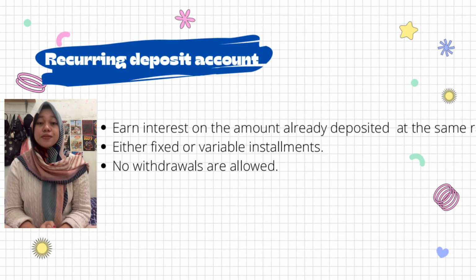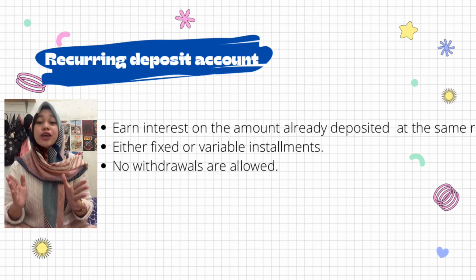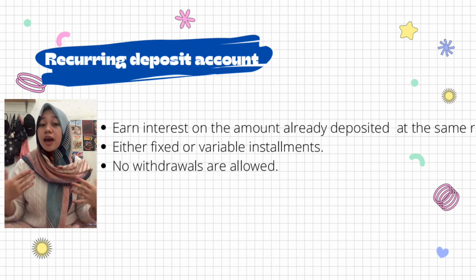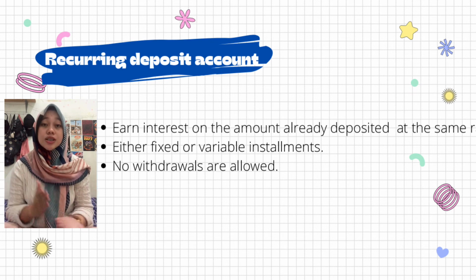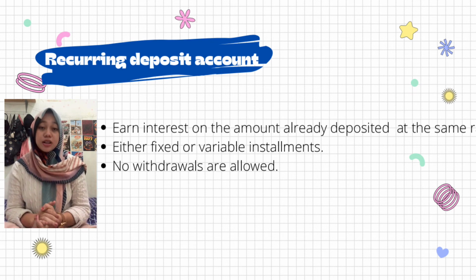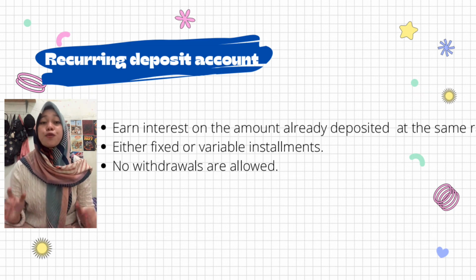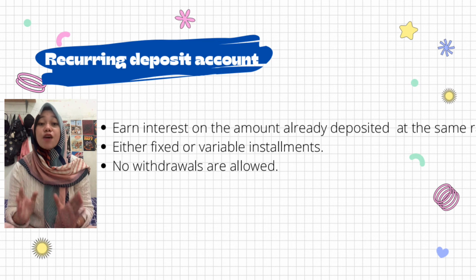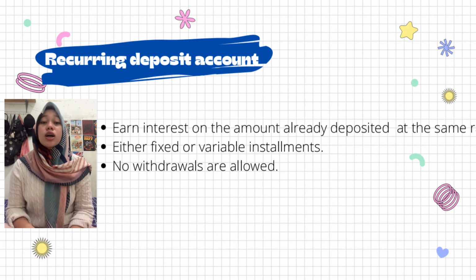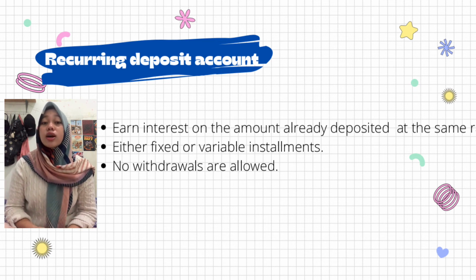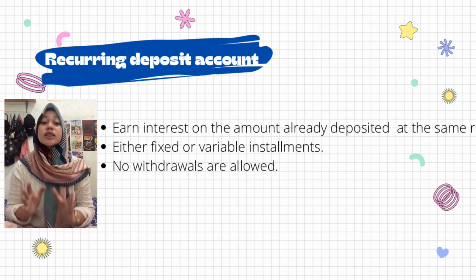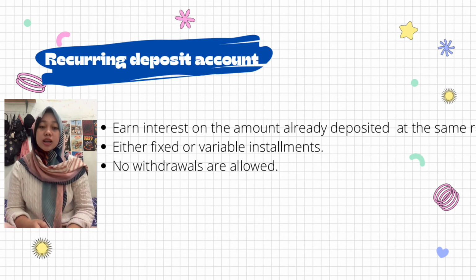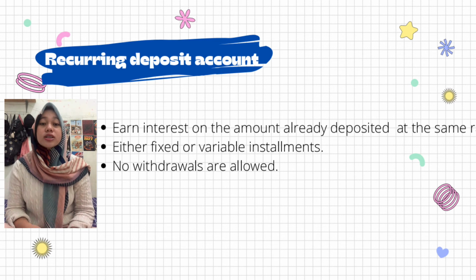The last type is recurring deposit account. So, in this particular account, you have to make a deposit after a certain time interval. Let's say you put 1,000 rupees every month or 4,000 rupees every quarter. So, the interest rate you earn on a recurring deposit account is the same as a fixed deposit account. And then fixed or variable installment.